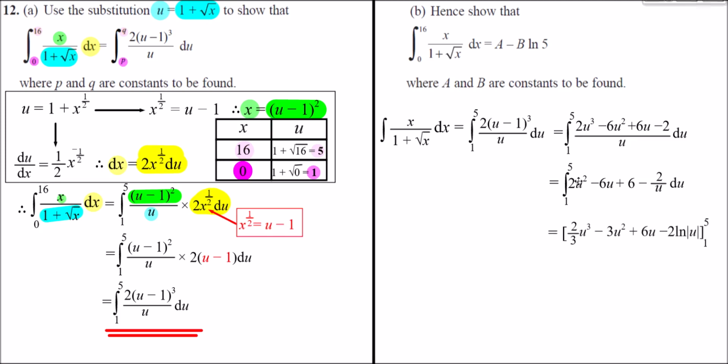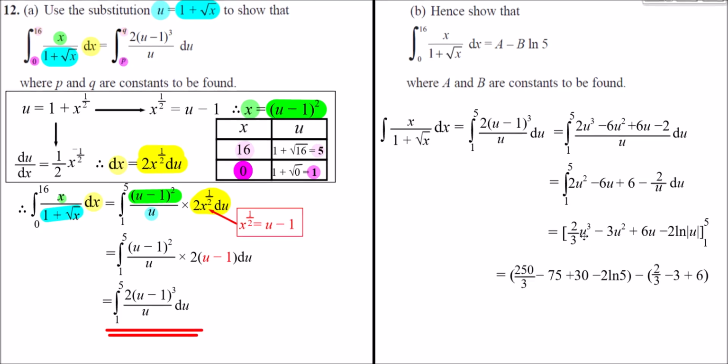So 2u squared integrates to 2/3 u cubed, minus 6u integrates to minus 3u squared, 6 becomes 6u, and minus 2 over u, because 2 is double the derivative of u itself, that becomes minus 2 lots of a natural log of u. So now we're just putting the limits of 5, then minus off what we get when we use the lower limit of 1.